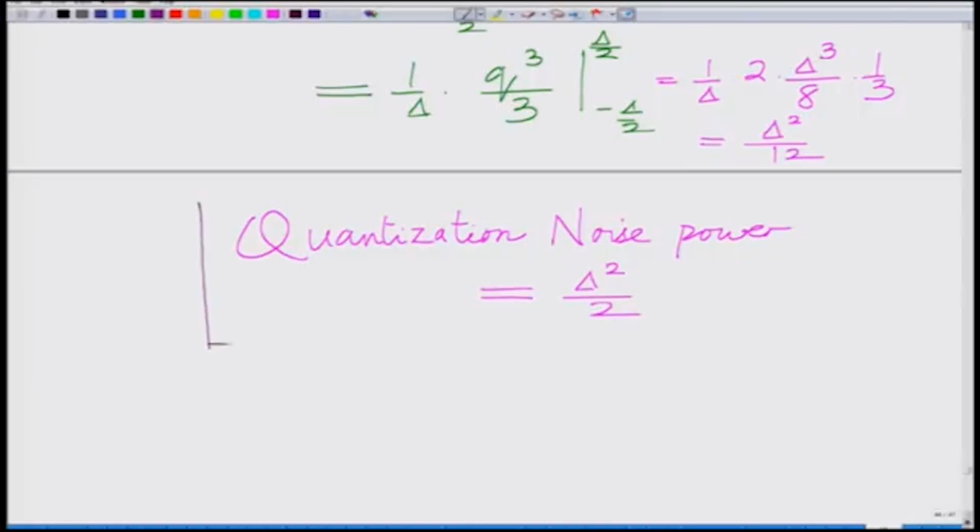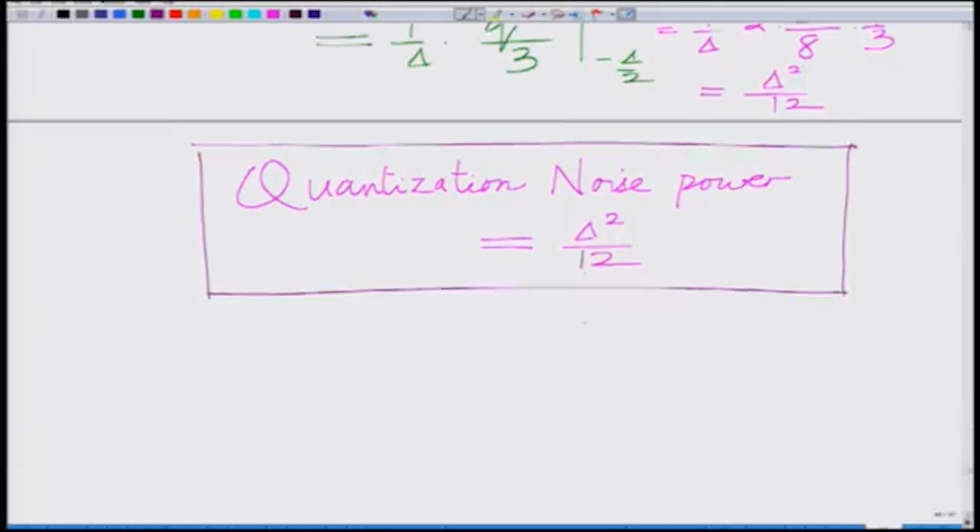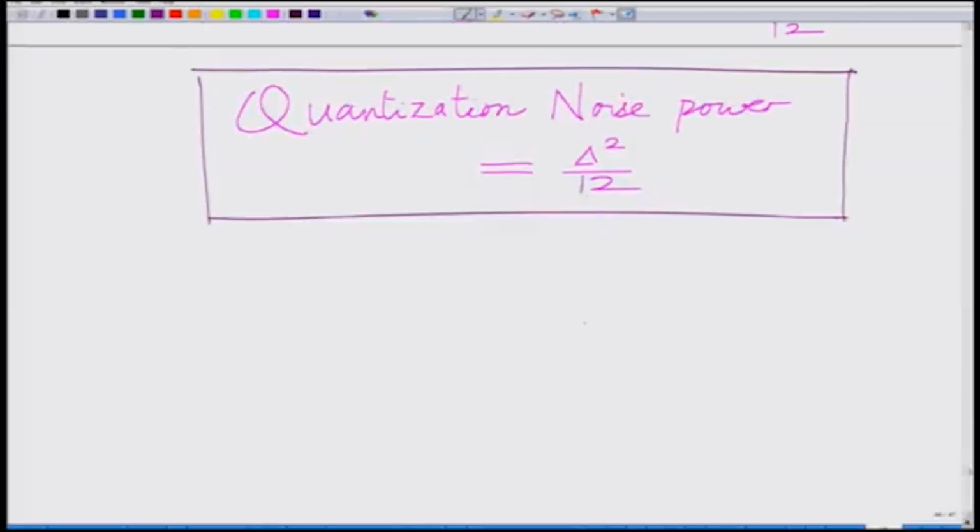This is our result for the quantization noise power, delta square by 12. So we have the quantization error, which causes quantization noise, and it has a noise power of delta square by 12.